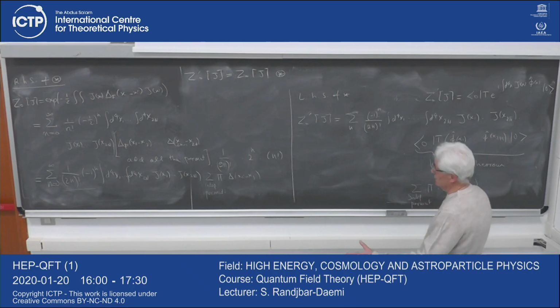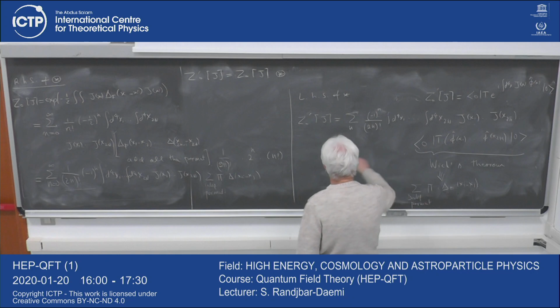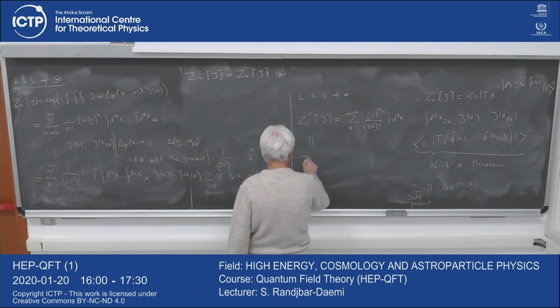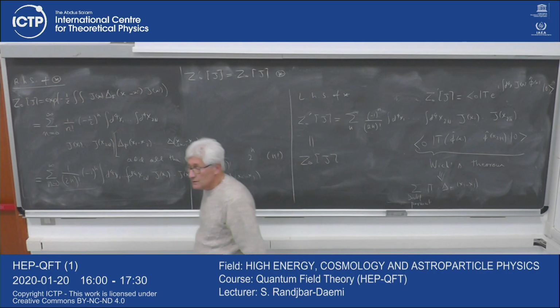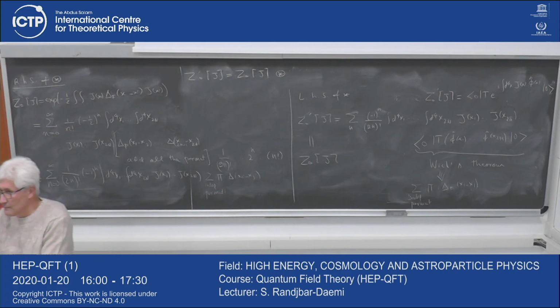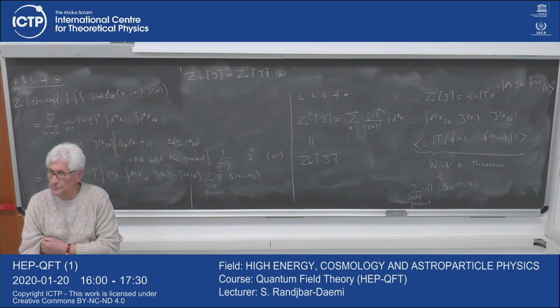So therefore, this is then equal to Z0 of J. Any questions?